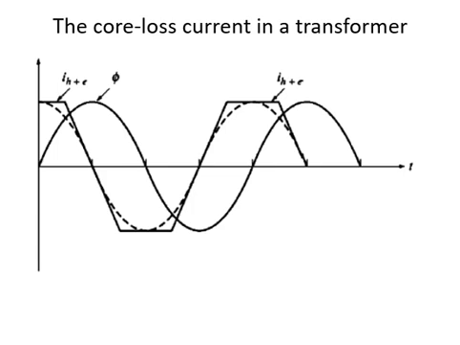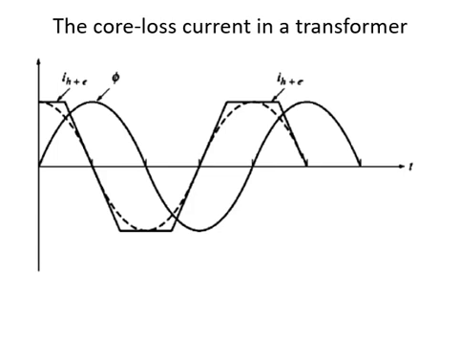when it sees that the magnetization curve is saturated. The core loss current in a transformer. One thing is I of m, which we have seen in the previous slide, the curve of I of m. Now we are going to see the curve of I of h plus e, which is basically the hysteresis and eddy current losses.